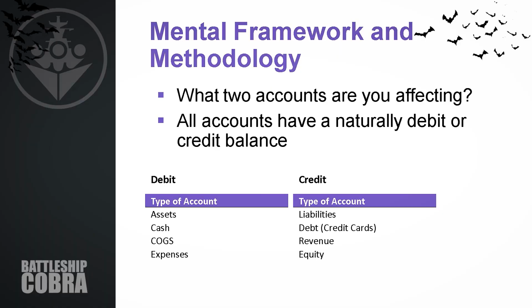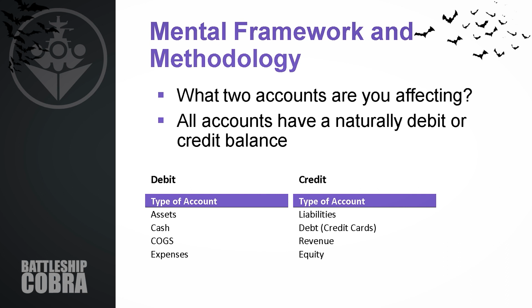So each of the types of accounts has a natural balance to it, where when you're increasing it, it's one way, and when you're decreasing it, it's another way. So as a general overview, a naturally debit balance account is an asset, a cash account, a cost of goods sold, or an expense account.